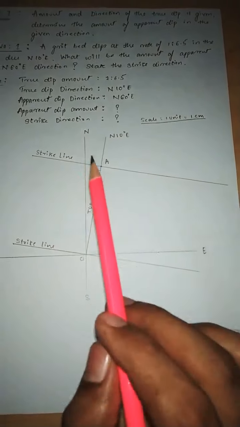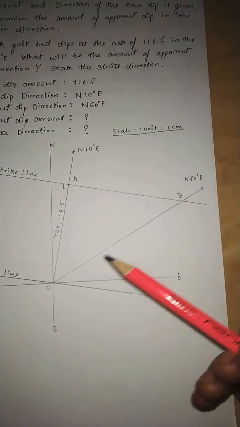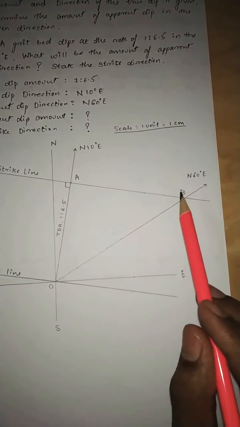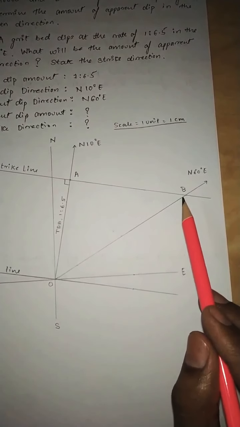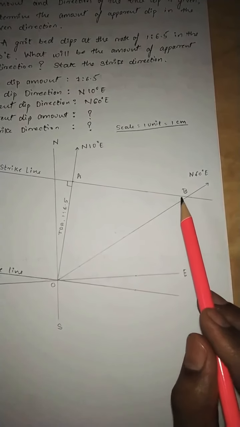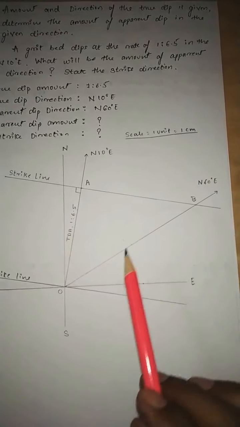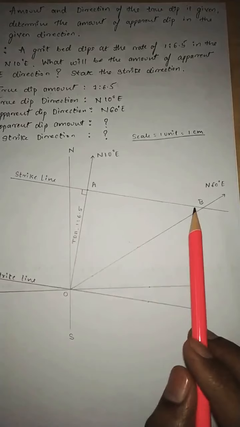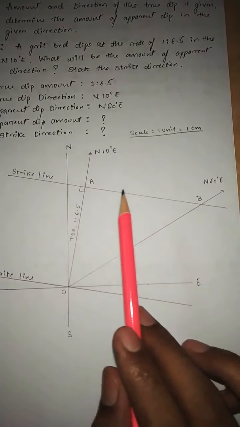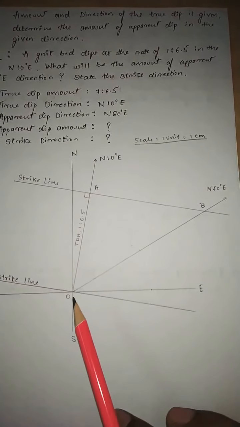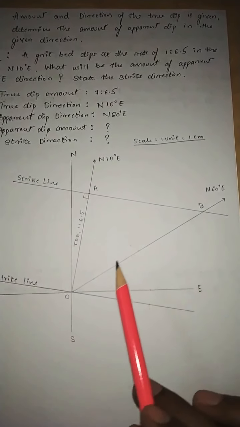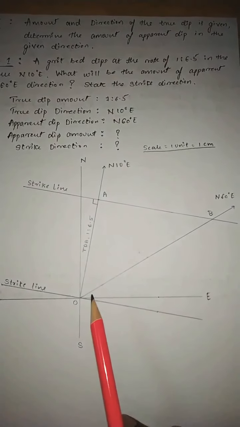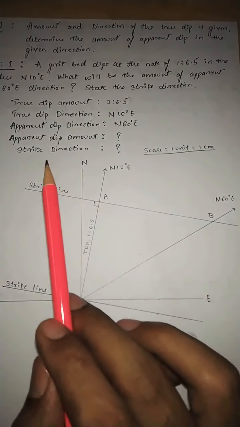You can see here we have drawn a north 60 degree east line, which cuts the strike line at point B. So this is the apparent dip along north 60 degree east, and point B is the intersection of the strike line and the apparent dip line. OB will be the amount of apparent dip. Measure this OB, and you will get the apparent dip amount.